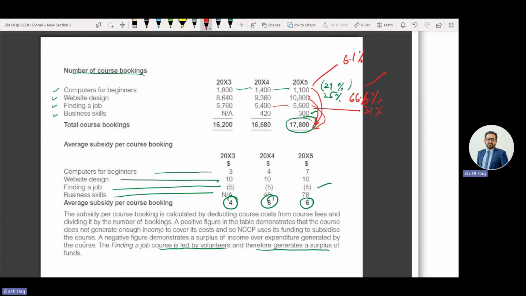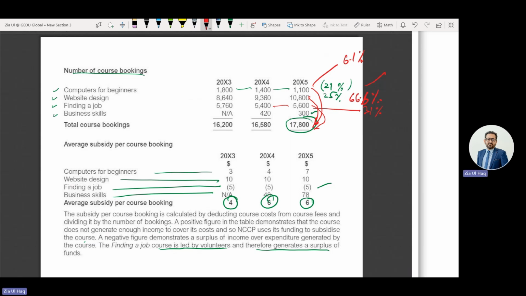This means this is also a main course for the company, where the company has maintained its participants. Because if people are getting qualification, ultimately they need to find a job, and they need some skills on how they can find a good job in the industry. This is the main course that the company should offer, because this might be preferred by the fund providers, SBL council as well.